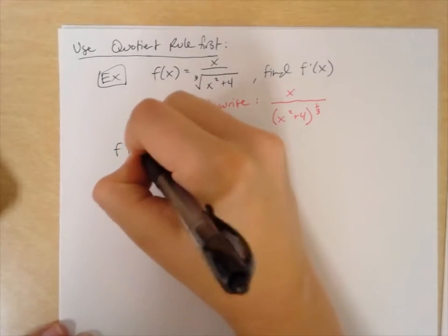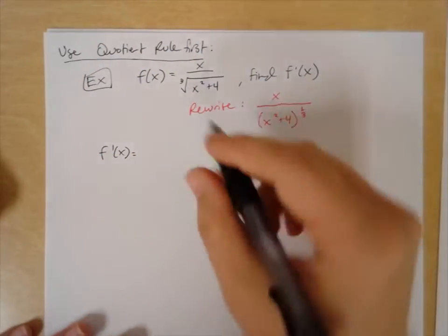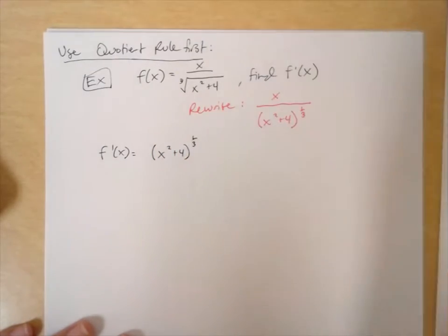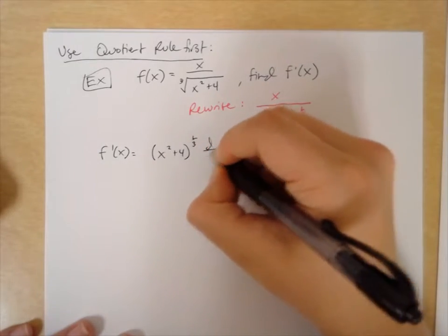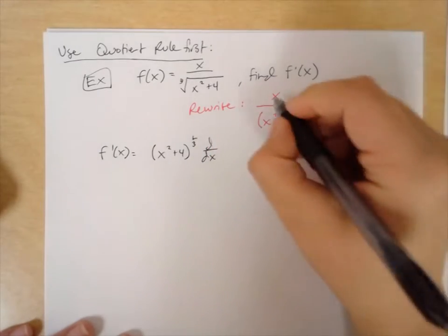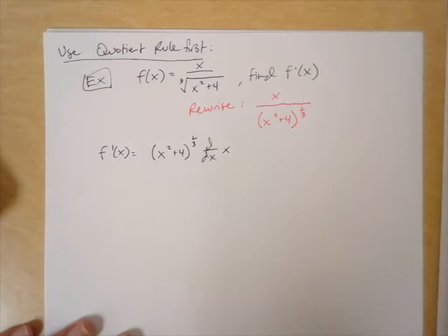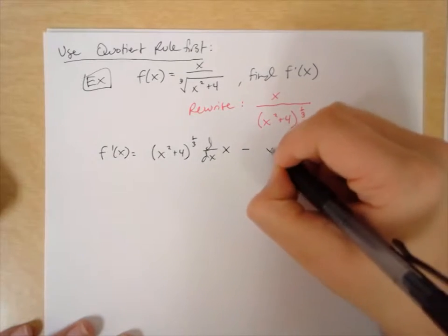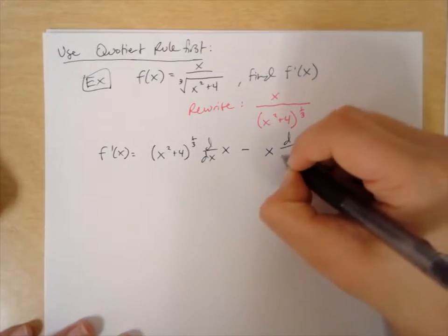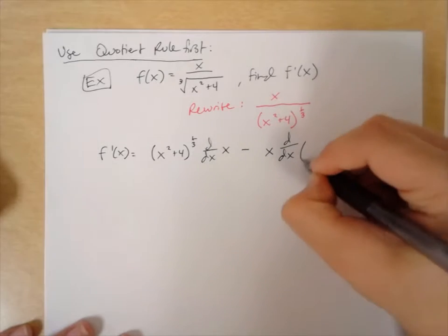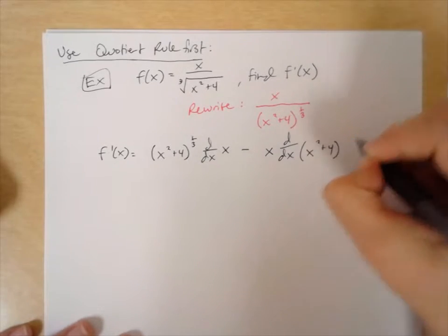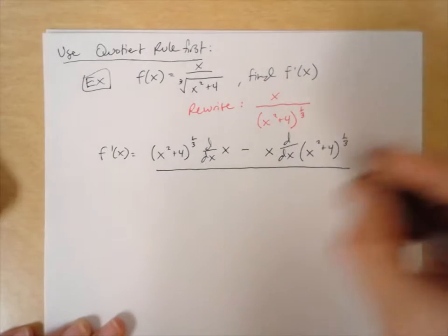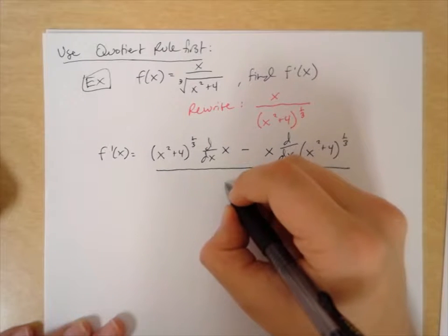When I start writing f prime of x, I take the bottom thing, so I take my x squared plus 4 to the 1/3, and I multiply it by the derivative of the top thing, x. And then I subtract the top thing times the derivative of the bottom thing, x squared plus 4 to the 1/3, and I put that whole thing over my bottom thing squared.